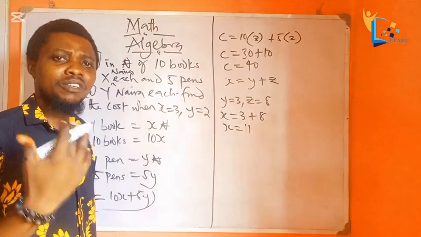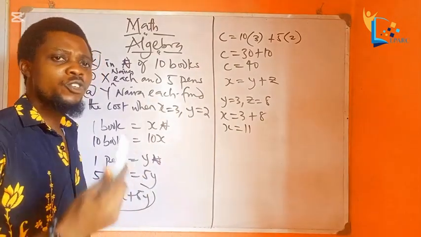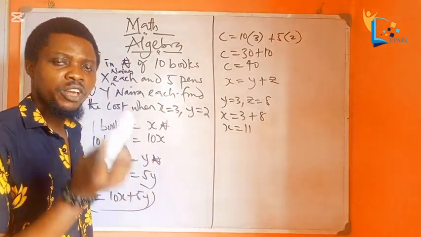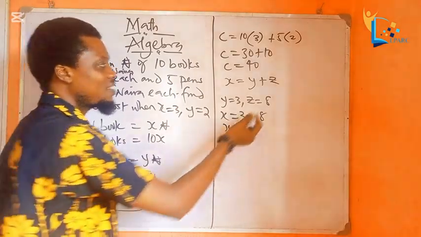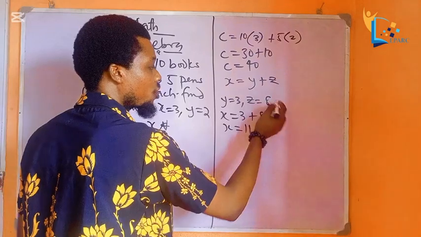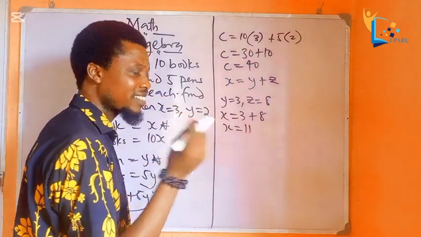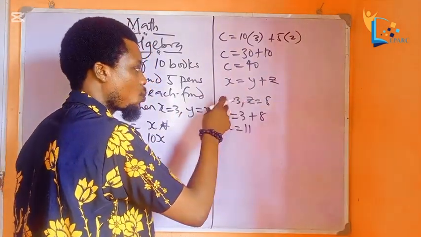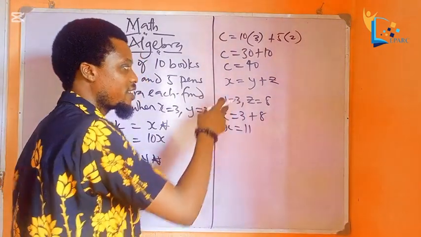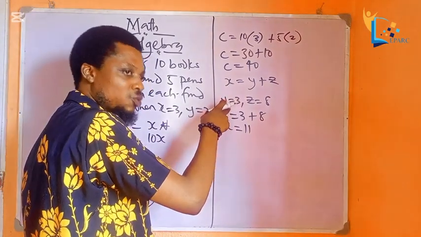So basically when we talk about substitution, it's when you have been given a value to represent an alphabet, y is equal to 3. That is to say, 3 is the same thing as y.